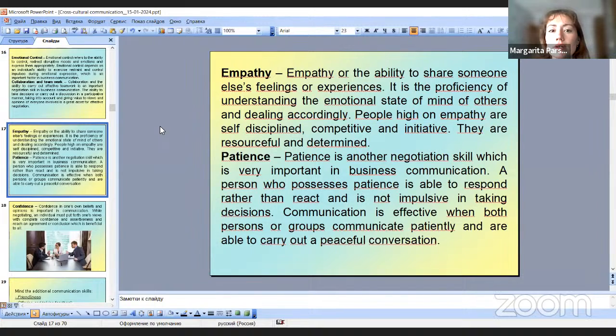Then at this point, empathy. In other words, the ability to share someone else's feelings or experience. It's not just understanding. Of course, we don't need to make the whole process an empathetic process; it's not like watching a movie or talking about things that need too much empathizing.